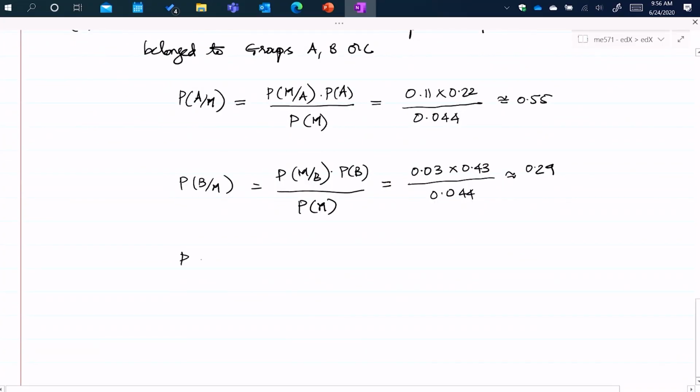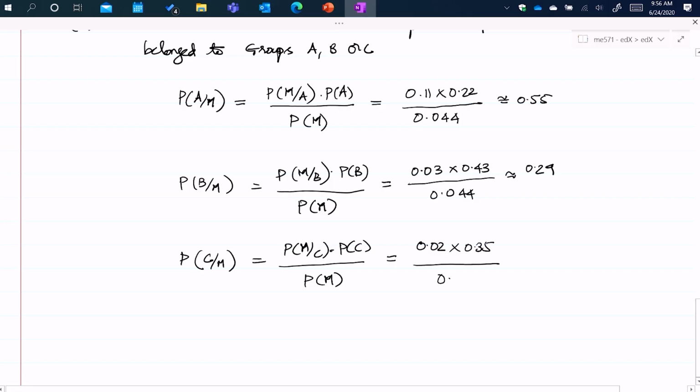And probability of C given M, similarly, is probability of M given C times probability of C divided by probability of M. That's equal to 0.02 times 0.35 divided by 0.044, and that's approximately 0.16.